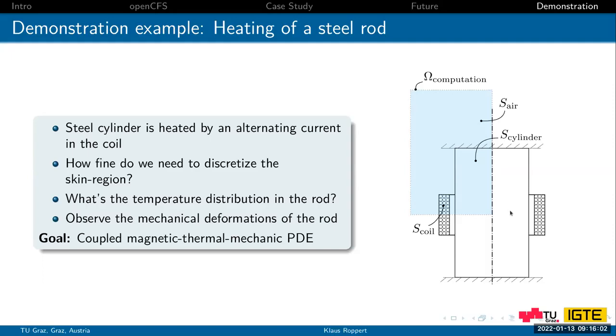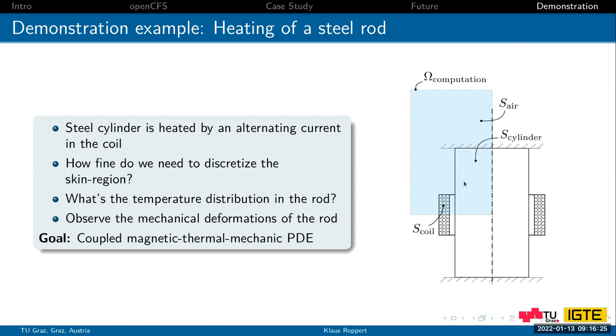So what we basically want to do is we're having a steel cylinder here that is, let's say, welded to a rigid structure at the top and at the bottom side. And around the cylinder, there's a coil, an induction coil that is excited by an alternating current.